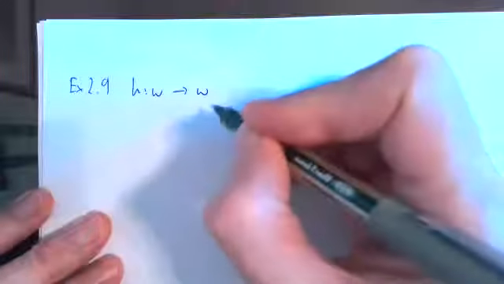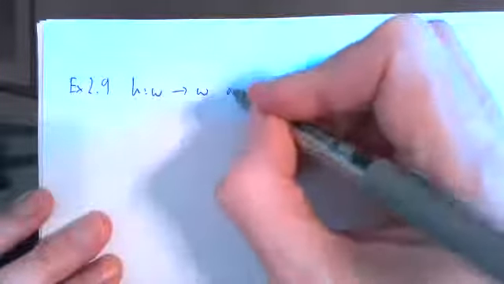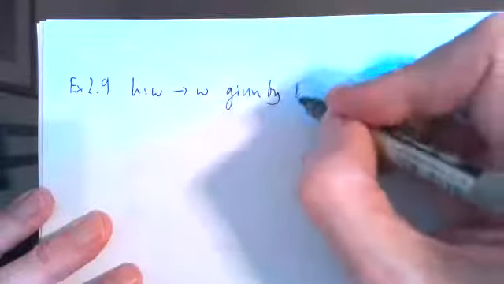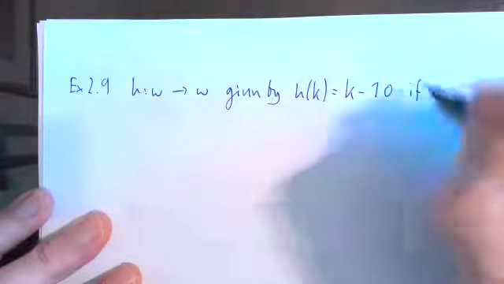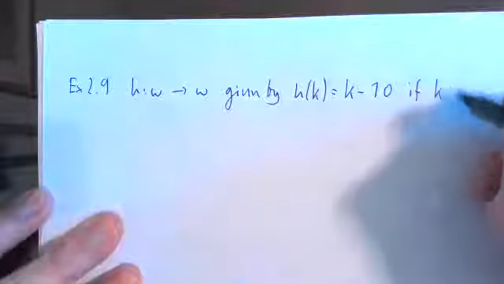Exercise 2.9. It's a function h from omega to omega, and it's given by h of k is k minus 10 if k is bigger than 100.